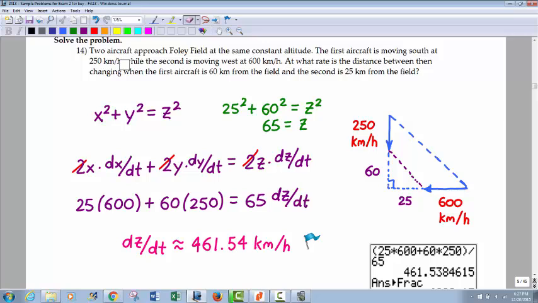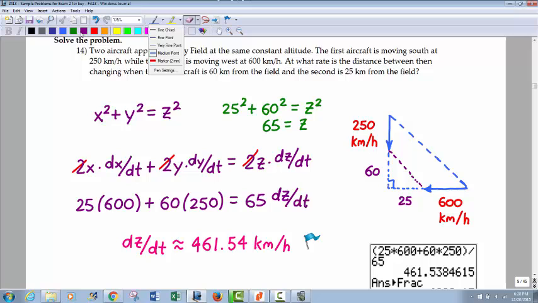Actually, I could have changed the word changing to decreasing, and then, like I explained earlier, positive answer for decrease. Saying decreasing, you can then say positive because the decrease would put the negative in front of it. So what do we have? Had to do Pythagorean theorem to get your z at that point. So when it's 60 kilometers away from the field, and the second one's 25 kilometers, I needed a right triangle there to get that z.